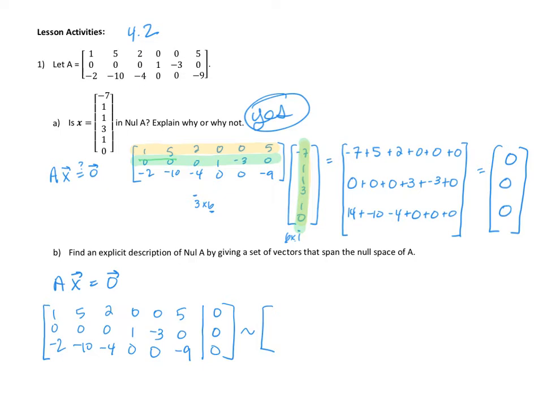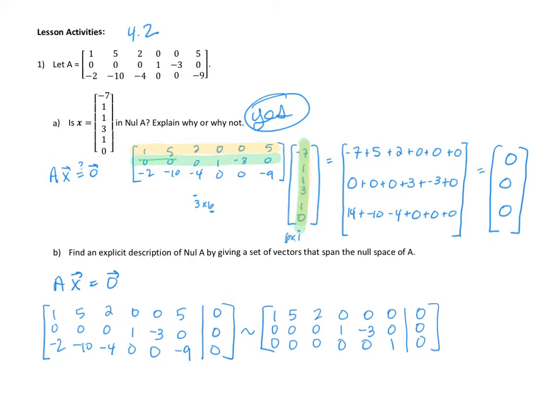So this row reduces to 1, 0, 0, 5, 0, 0, 2, 0, 0, 0, 1, 0, 0, -3, 0, 0, 0, 1, augmented with 0, 0, 0.